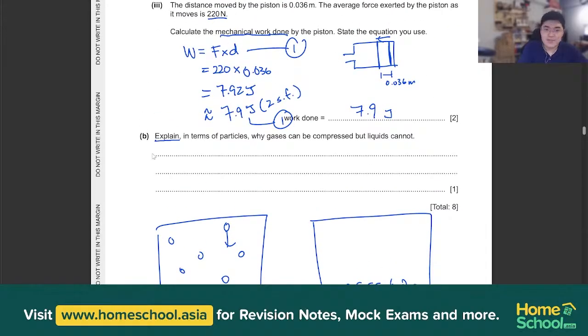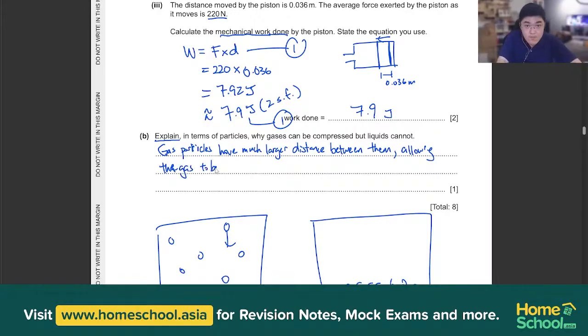Let's write that down. So gas particles have much larger distance between them, and this allows the gas to be compressed.